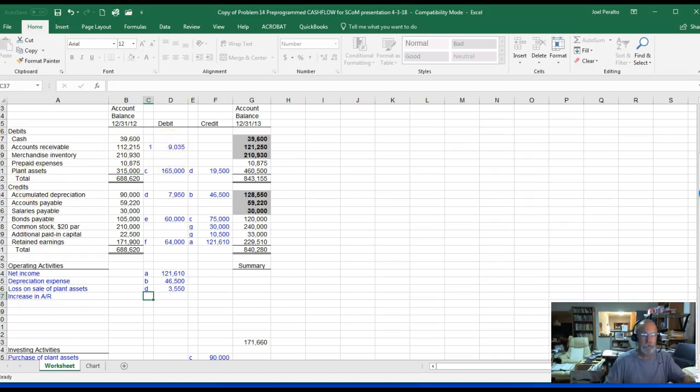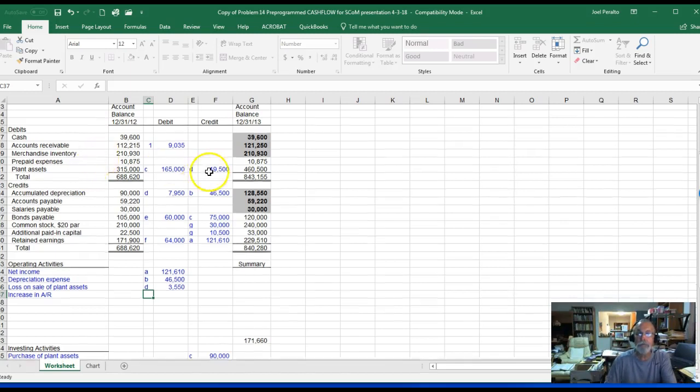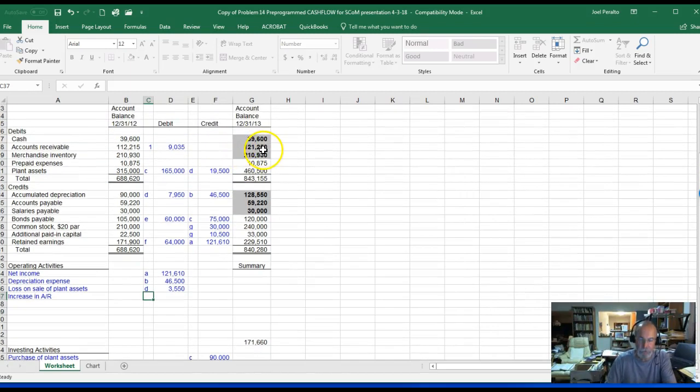And so first of all, we need to make sure that our balance here is correct, 121,250, and it is. And so if accounts receivable goes up from the beginning of the year to the end of the year, that reflects uncollected sales. Another way to say it is that we made sales but we haven't collected the cash.